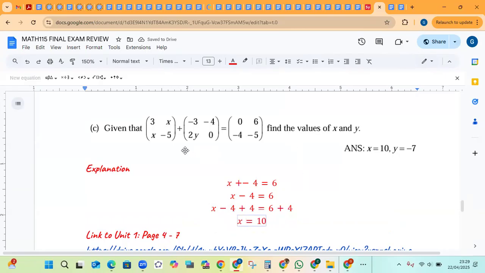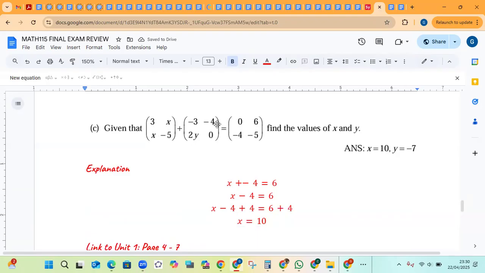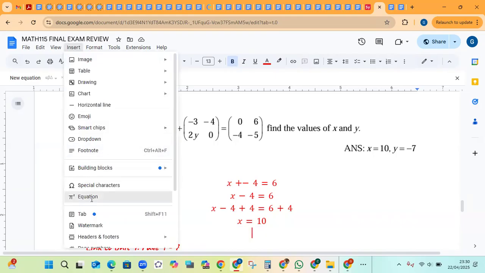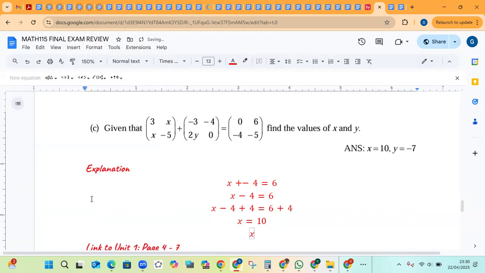Similarly, we have negative x plus 2y, because x and 2y are corresponding elements, not negative 5. They are both occupying the second row, first column. So we have x plus 2y is equal to negative 4.